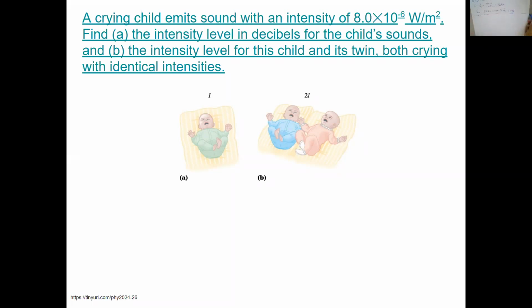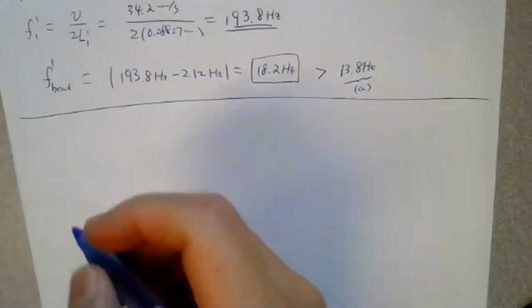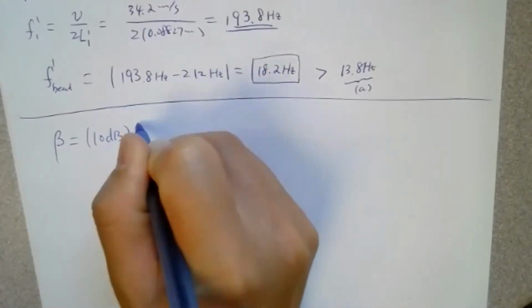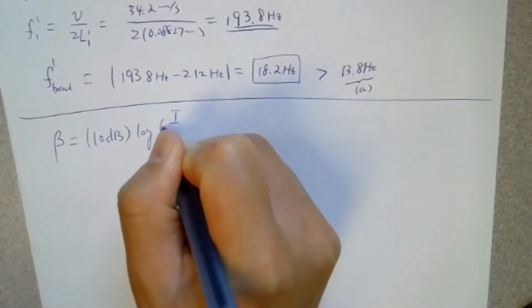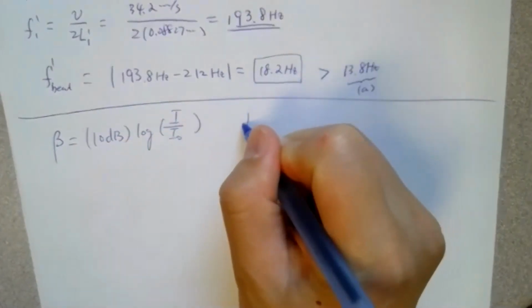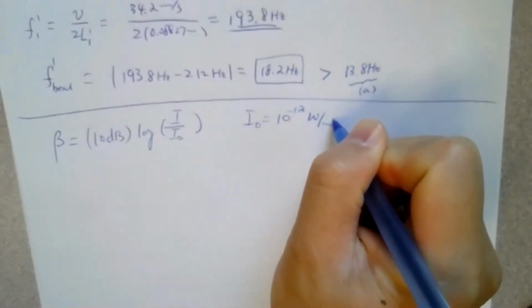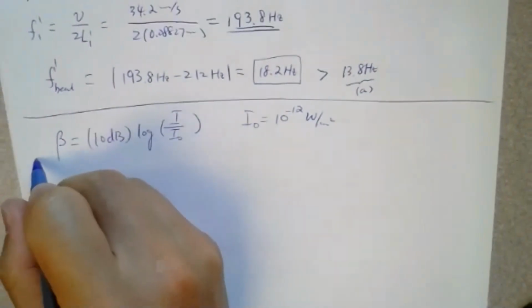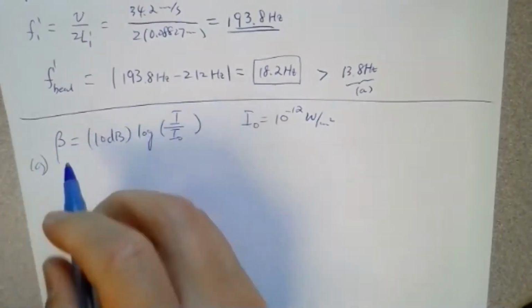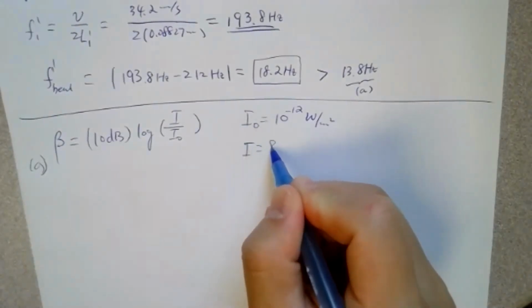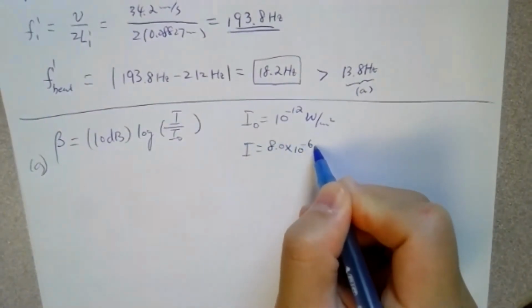Let's take a look at this one together. Intensity level is defined as 10 dB times log of intensity over intensity naught. I naught is equal to 10 to the negative 12 watts per meter squared. In A, you are looking for beta, given I is equal to 8.0 times 10 to the negative 6.